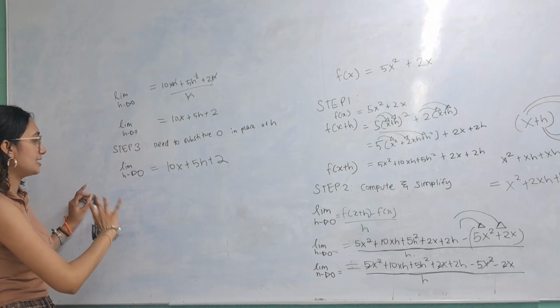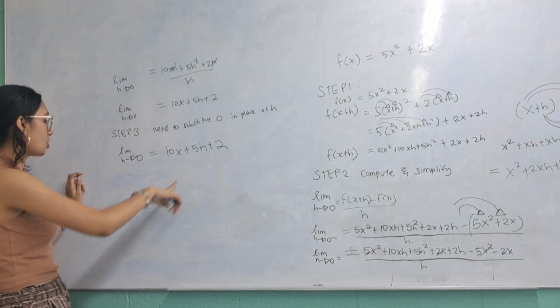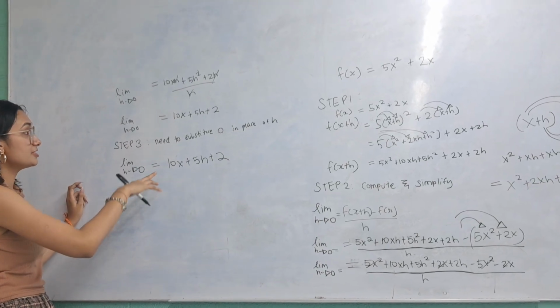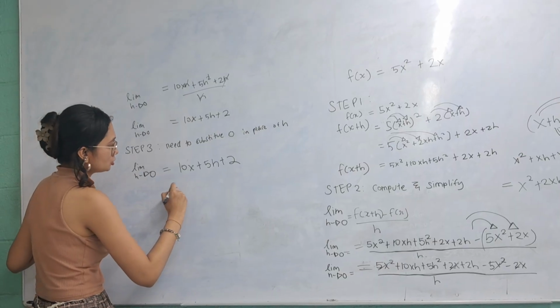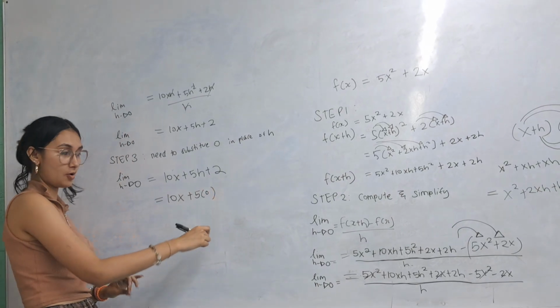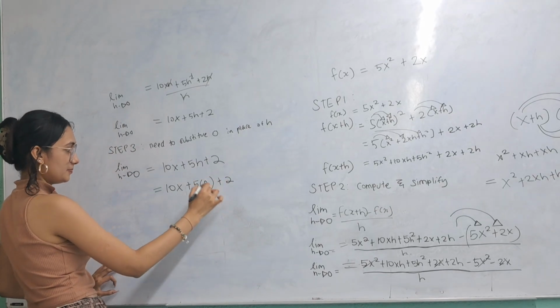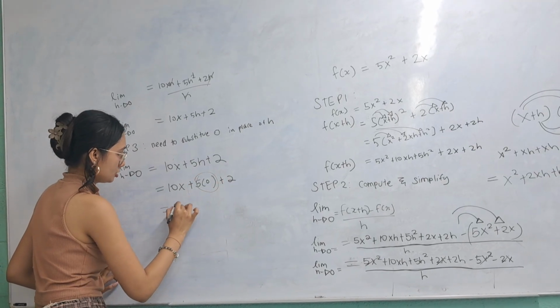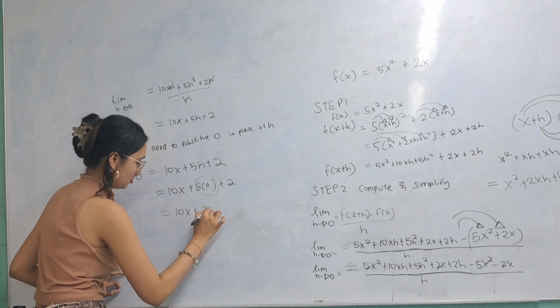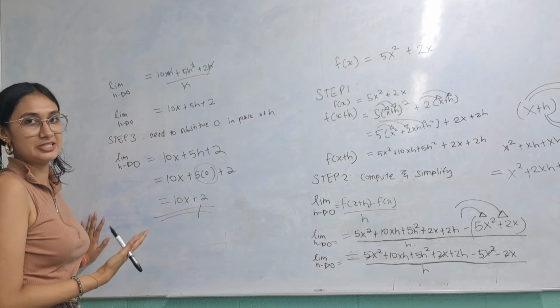Students, can you spot any h over here? Yes, 5h. So in place of h, we will substitute 0. So 10x plus 5 into 0 plus 2. So this basically will become 0. So 10x plus 2. So this is our limit for question 2.